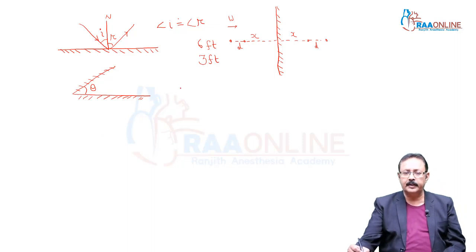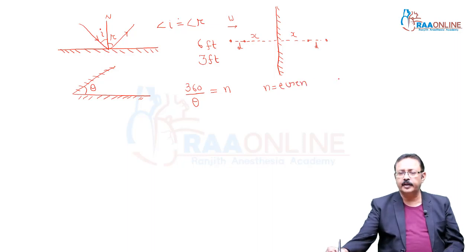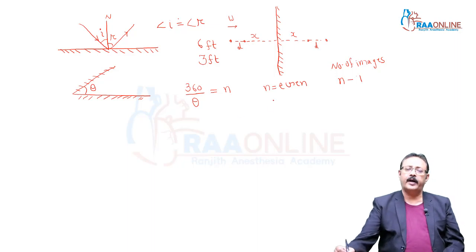You can calculate by this formula: divide 360 by theta. If you are getting n, and n is even, you will get the number of images as n minus 1.